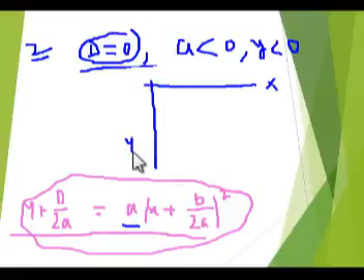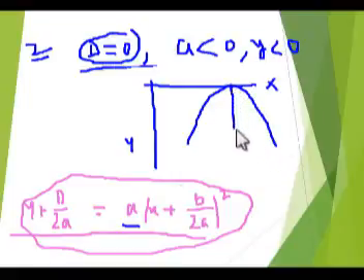This is the y-axis. Here it touches the x-axis and goes downward. So here the axis of the parabola is parallel to the y-axis, and this will be the point. Focus will be minus b by 2a.